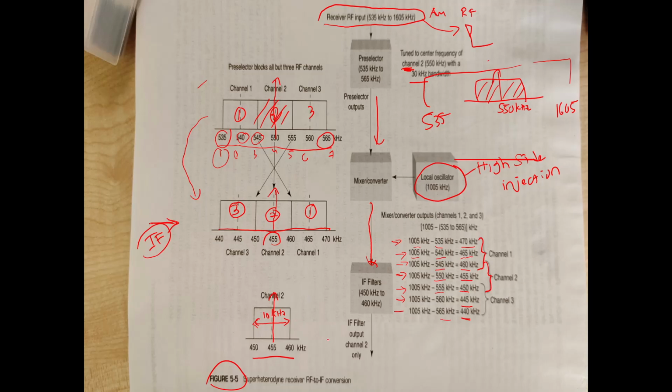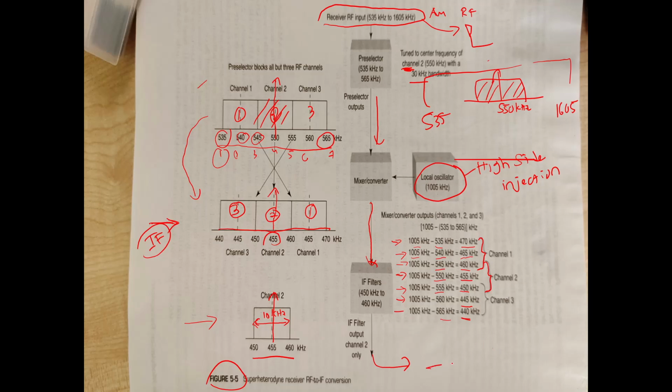At the end of the IF section, we produce only a single channel, which is channel 2. The output then goes through the amplifier and then to the detector section. The detector section will do the demodulation process.